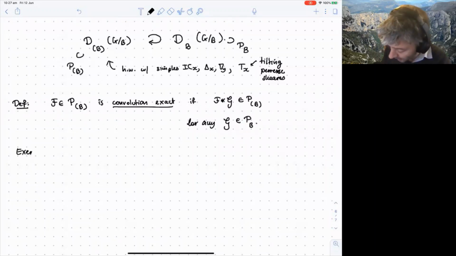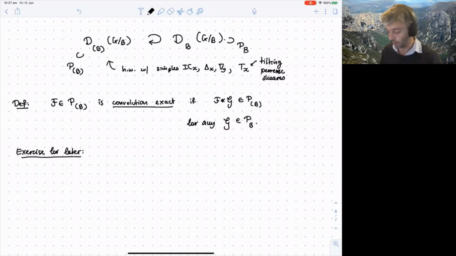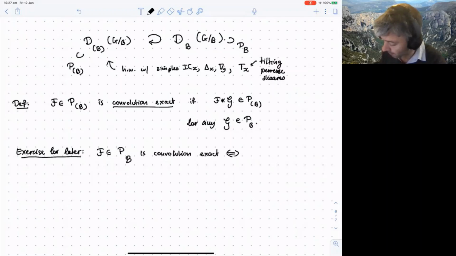An exercise for later, just to give you a feeling for why the following statement is rather remarkable, is that we can also formulate what it means to be convolution exact here: F is convolution exact if and only if F is a direct sum of the unit.